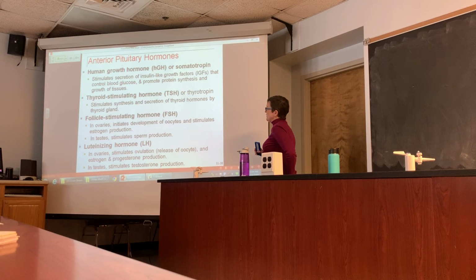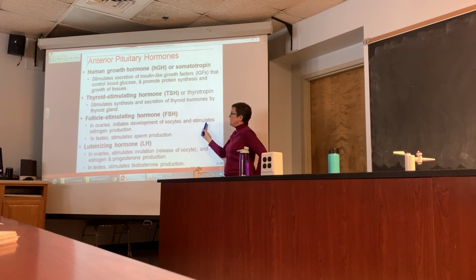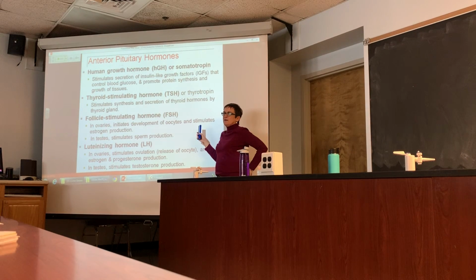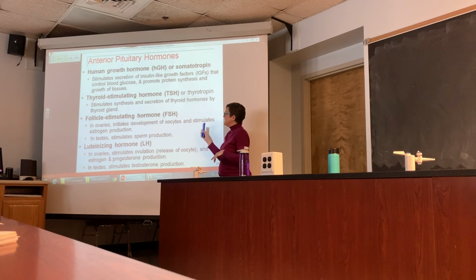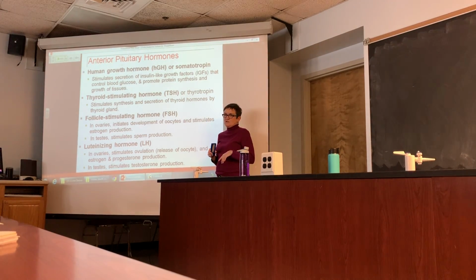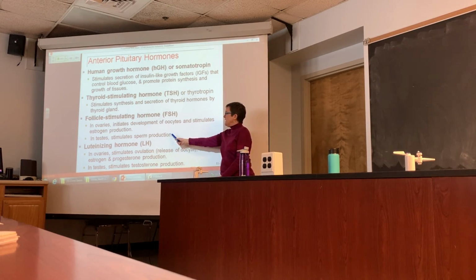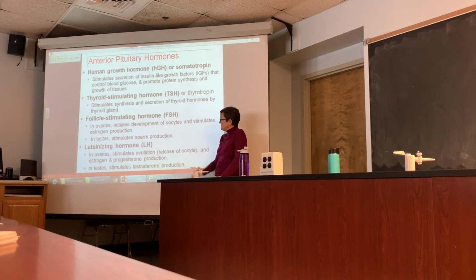Follicle stimulating hormone, or FSH, we'll talk more about later, but in women it stimulates the development of the oocytes, which are the eggs. In other words, the development of the eggs during the ovarian cycle. It also stimulates estrogen production at certain stages of the ovarian cycle. In men, it stimulates sperm production.